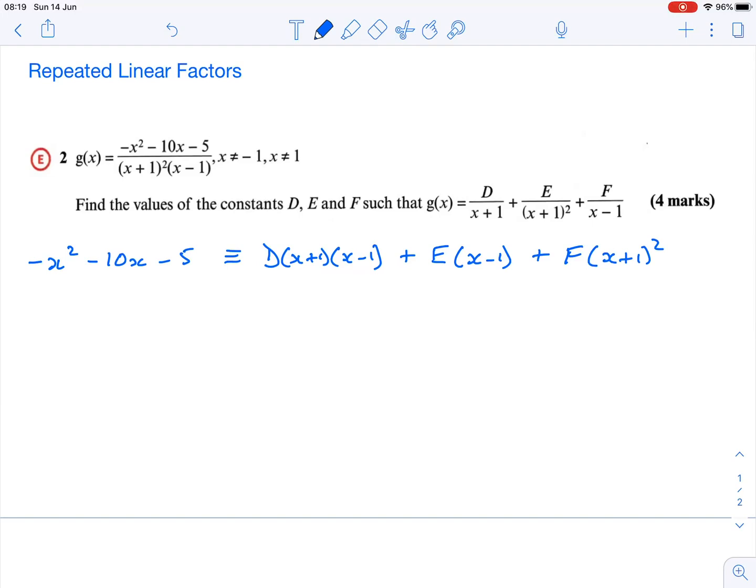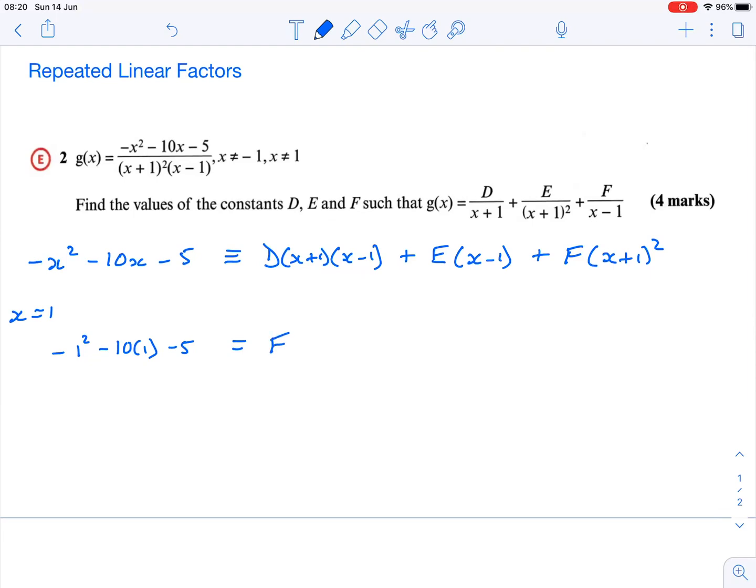So now we do what we've done before. We choose values of x that are going to make one of the brackets 0. So let's start with x equals 1. This would be minus 1 squared minus 10 times 1 minus 5. And that would be equal to, now when we put the 1 in the x minus 1 bracket, it comes to 0. So that's going to force the first two terms to 0.